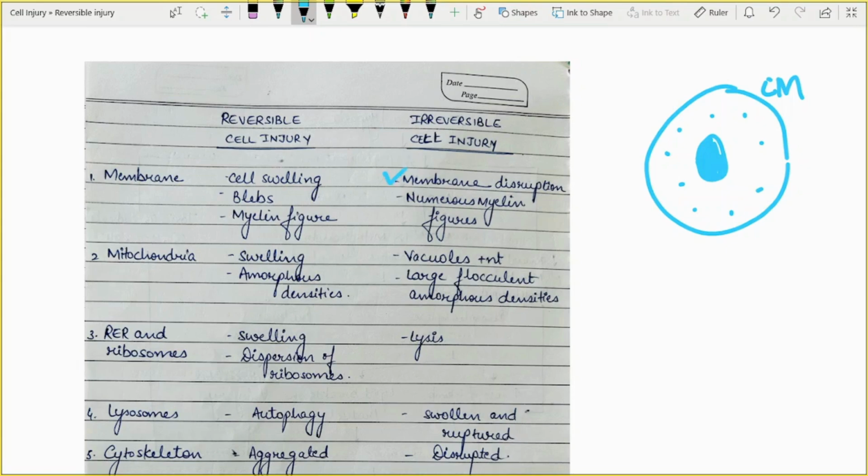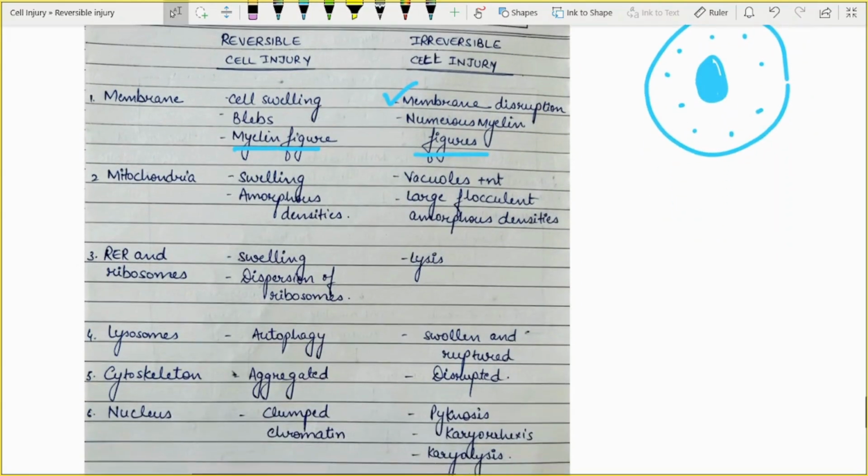The cell membrane will undergo disruption. This is what I have discussed just now, that there occurs cell swelling in reversible cell injury and disruption in irreversible cell injury. Myelin figures will be found in both, but they will be numerous in the irreversible cell injury.